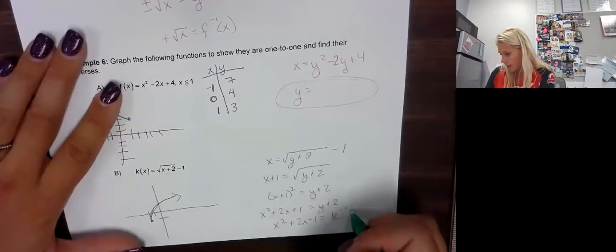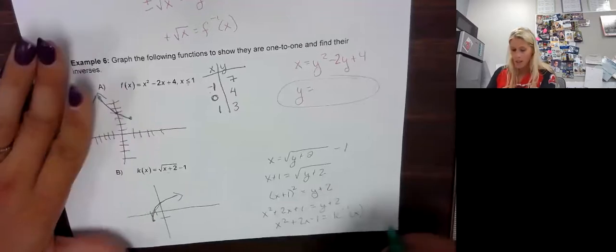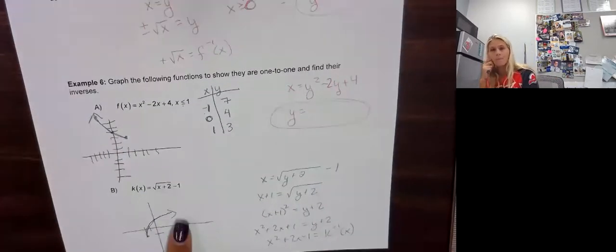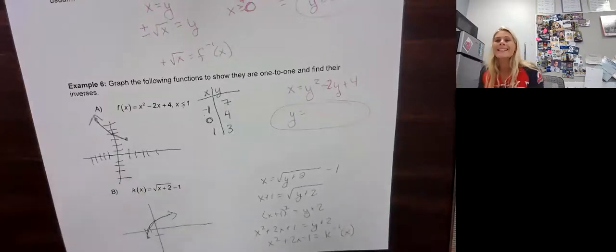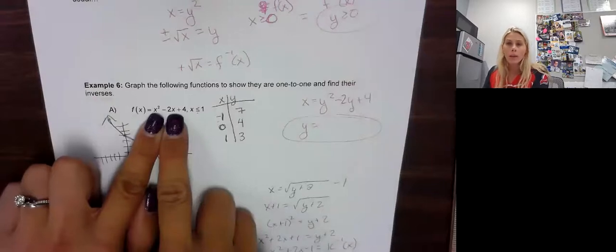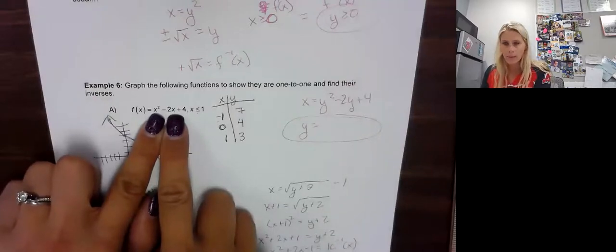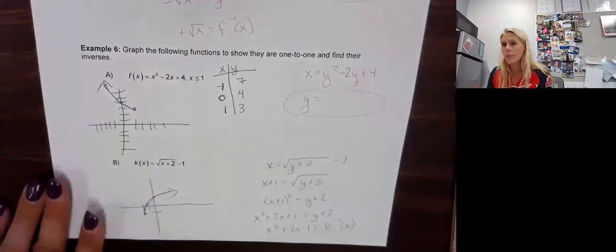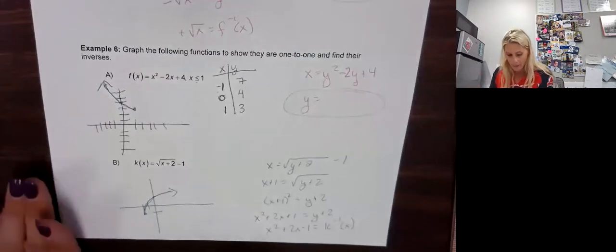Now, here's our problem. Even though it didn't say there was a restriction here, the reason why I didn't need to say it is because there was already a restriction. Here, this is a parabola, so we had to restrict it. Down here, though, there's already a restriction in place. What can't happen?